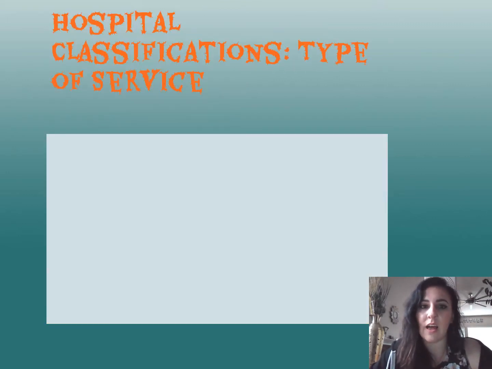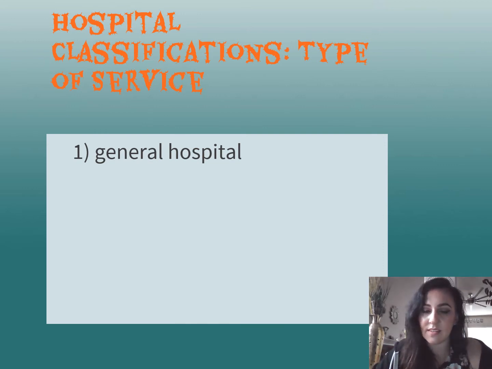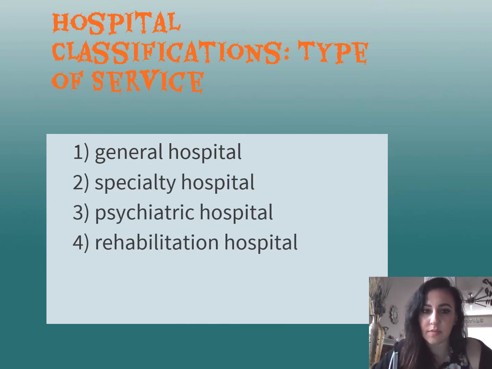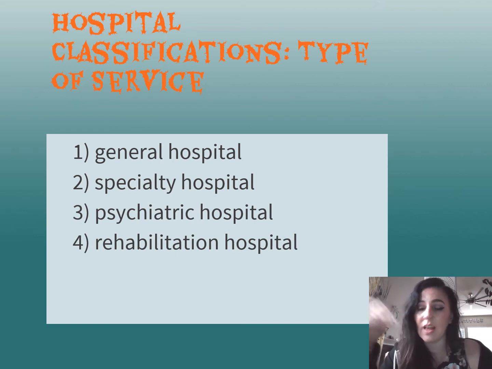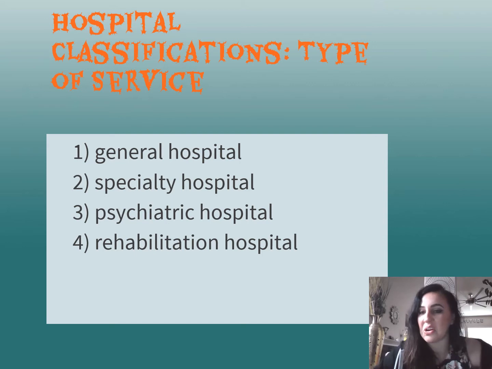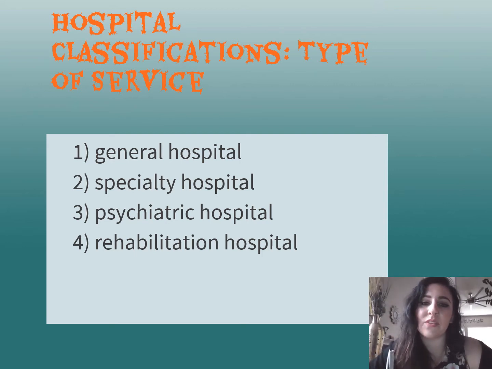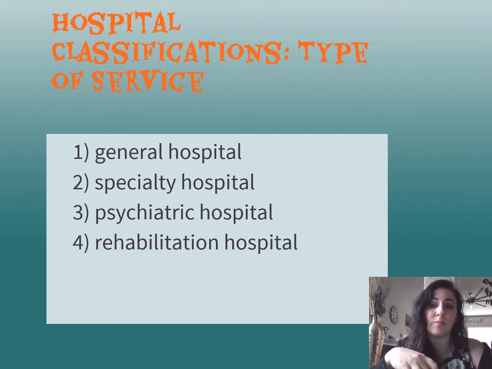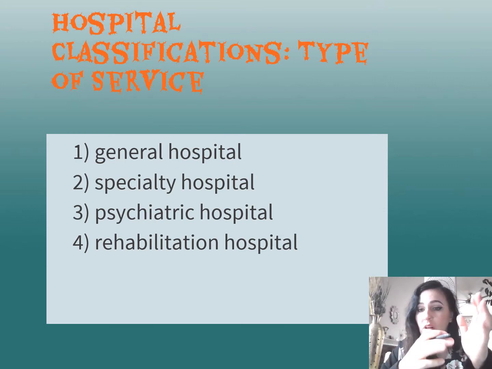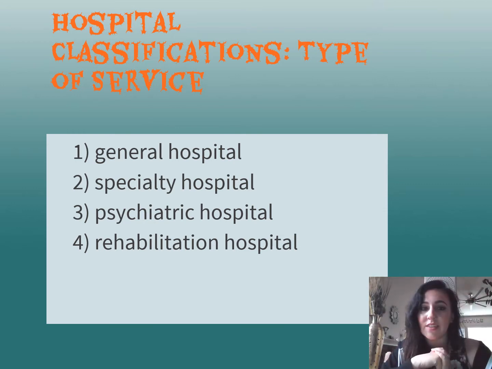All right, so now we can classify hospitals based on the type of service that they provide. So are you a general hospital? I think we all know what a general hospital is. It's just generally everything, kind of. Gigantic hospitals can be general hospitals. Small hospitals can be general hospitals.